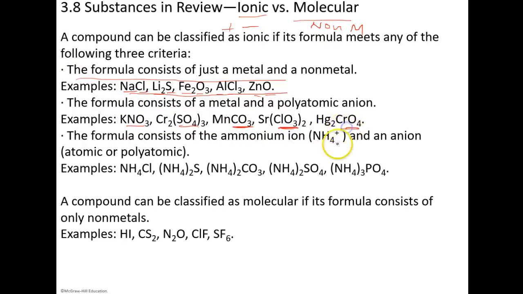See, they all have polyatomic ions. There are some exceptions, and the exception is the ammonium ion. That's one of the nonmetals that is a cation. Covalent bonds or molecules are only nonmetals. So HI, CS2, N2O, CCl4, CF2.